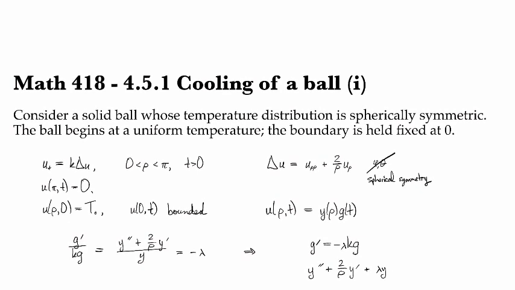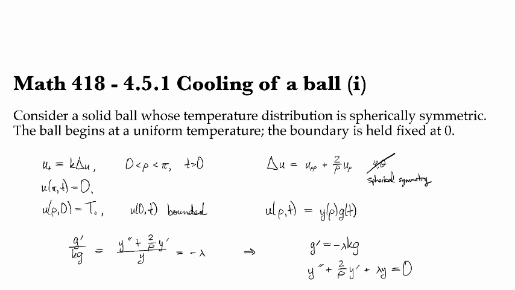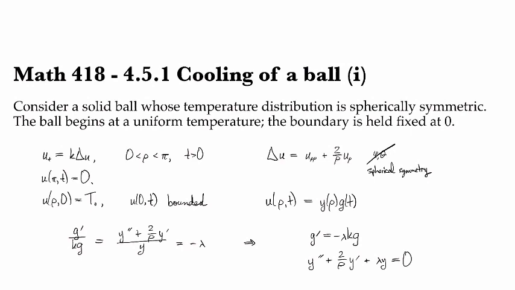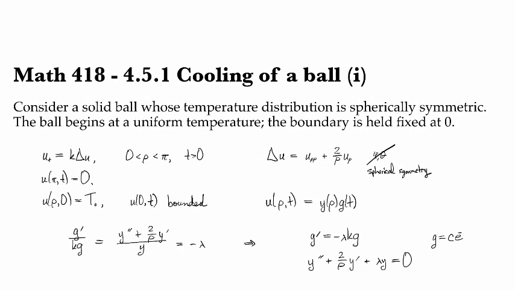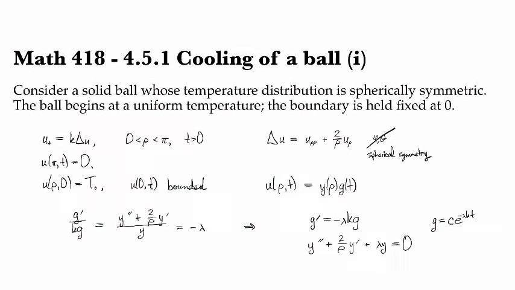plus lambda y equals 0. Okay, and so the first one we can easily solve. It's going to be some constant times e to the minus lambda kt as usual. For the second one, first off, the spatial boundary conditions roll over exactly onto y, just like they usually do.